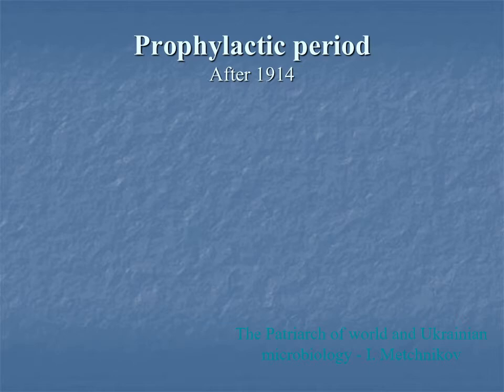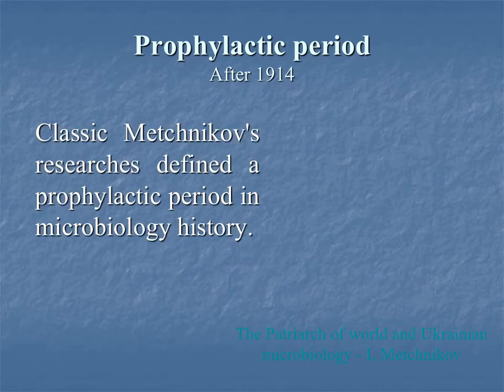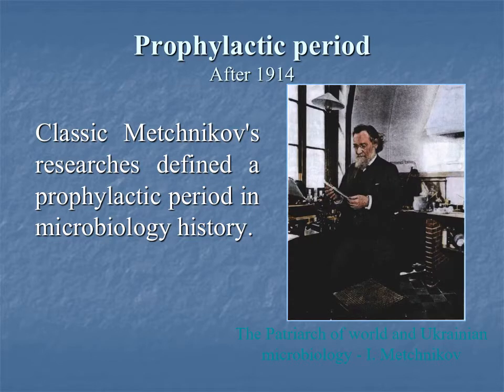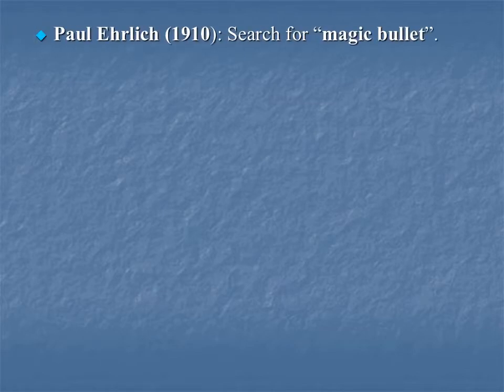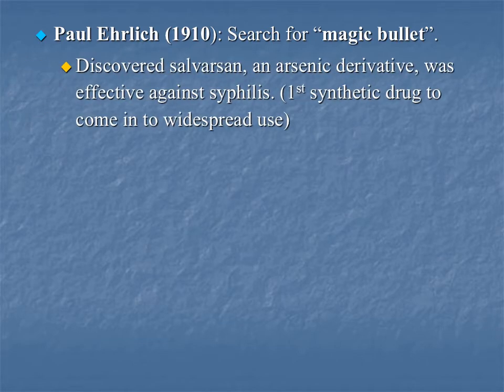And the prophylactic period is connected with the name of Ilya Ilyich Mechnikov. Classic Mechnikov's research defined the prophylactic period in microbiology history. And now you see 3 surnames of scientists who discovered sulfonamides and antibiotics.